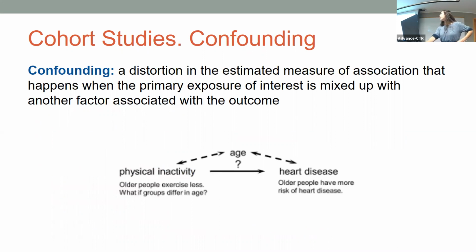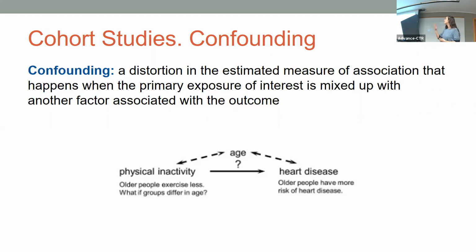So confounding, I think this is actually a really good definition of it, but the issue with confounding is it's basically a variable that's impacting whatever you've calculated the association between your exposure and outcome to be. It's some third variable that comes in and is messing up that association that you've calculated.